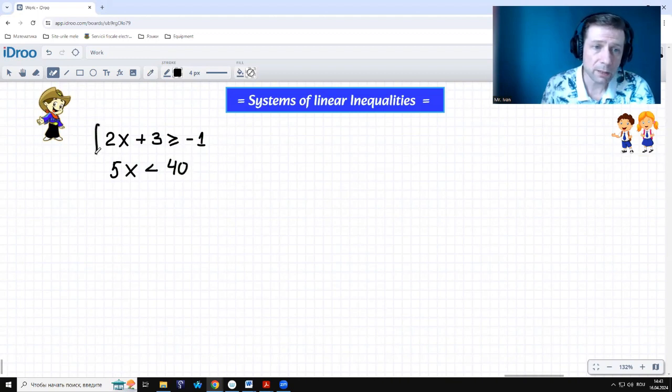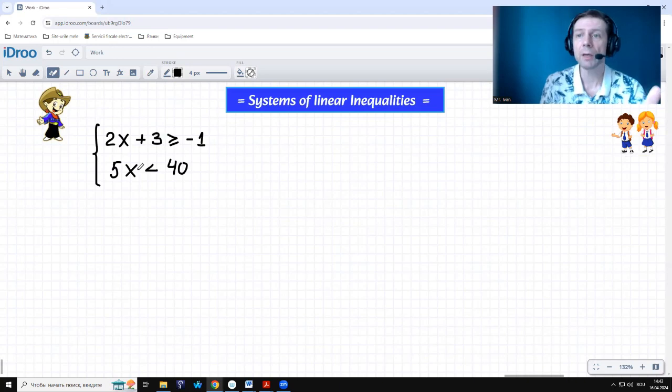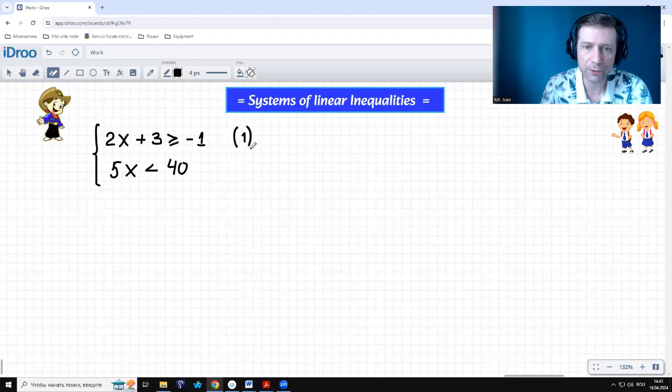Again, the basic approach is like this. We solve each single inequality separately and then see how they are placed on a number line, simply speaking, okay? In this case, let me enumerate them, the first and the second one.